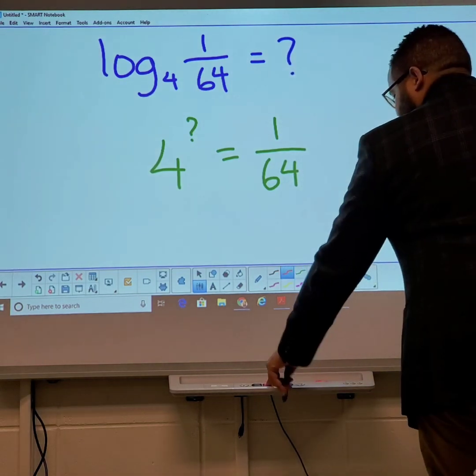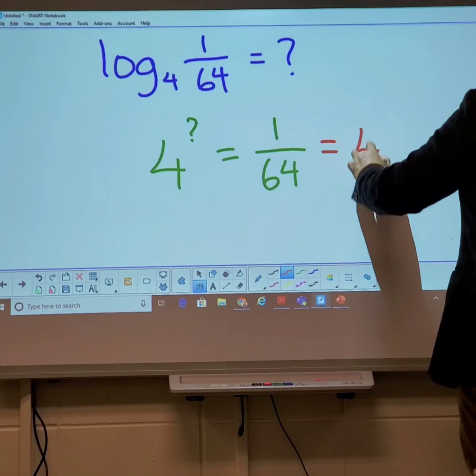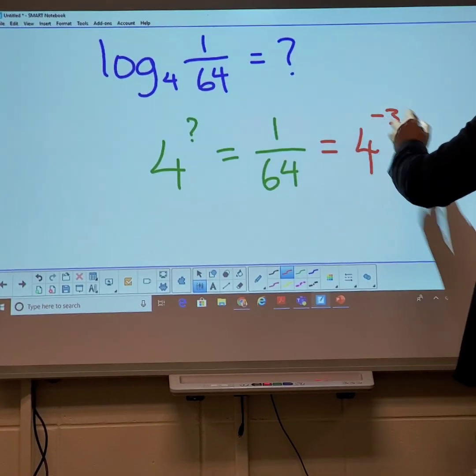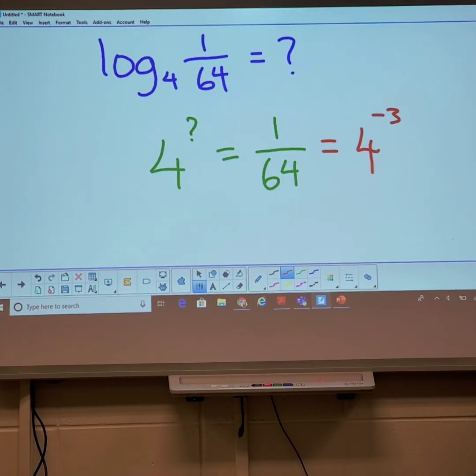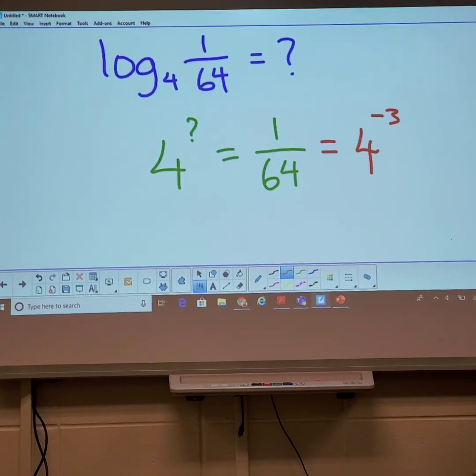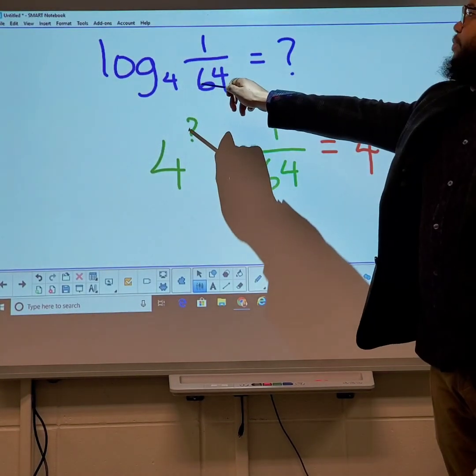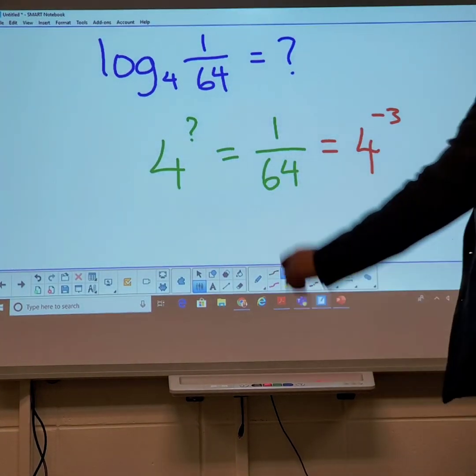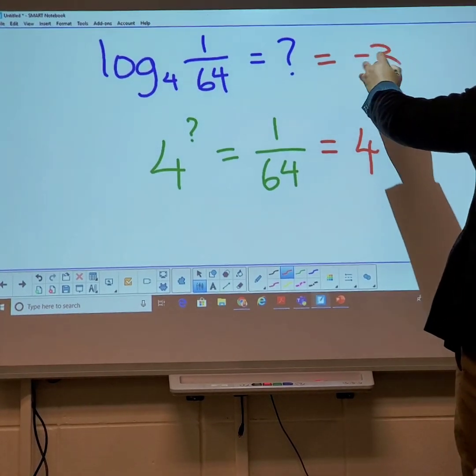So 1 over 64 is 4 to the negative 3. Therefore, log base 4 of 1 over 64 would be negative 3.